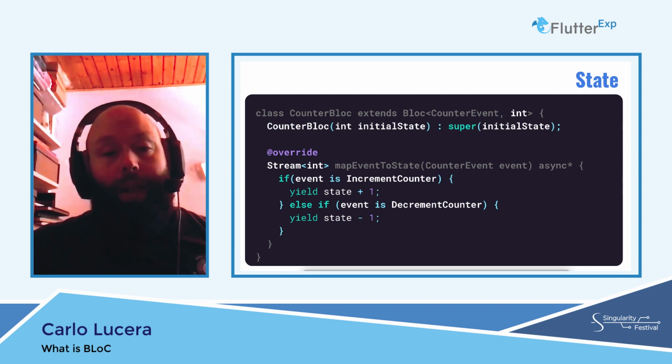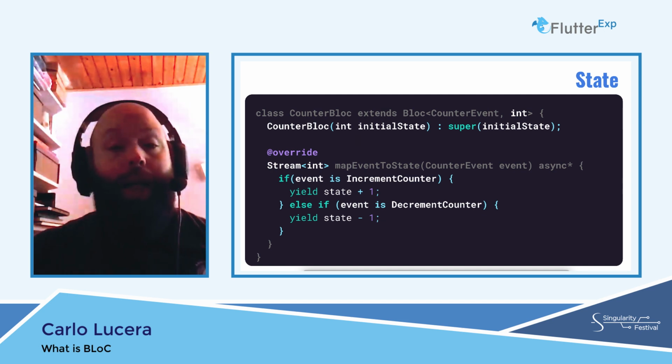Then, since we marked the map event to state async with an asterisk, we can yield the state. As you can see here, I yield directly the state modified by the new value. State is a parameter, a field that you already have inside the block.